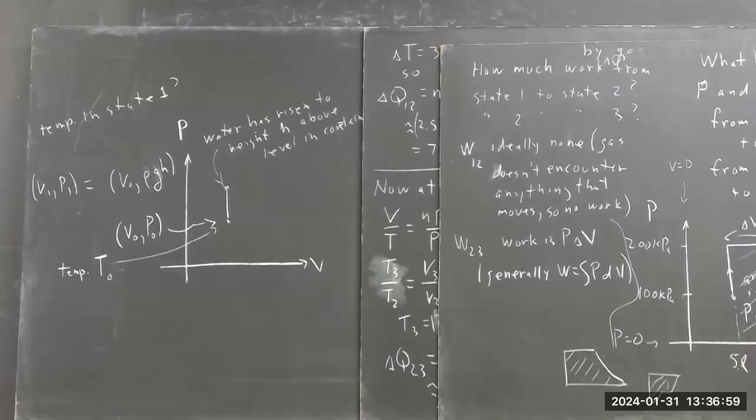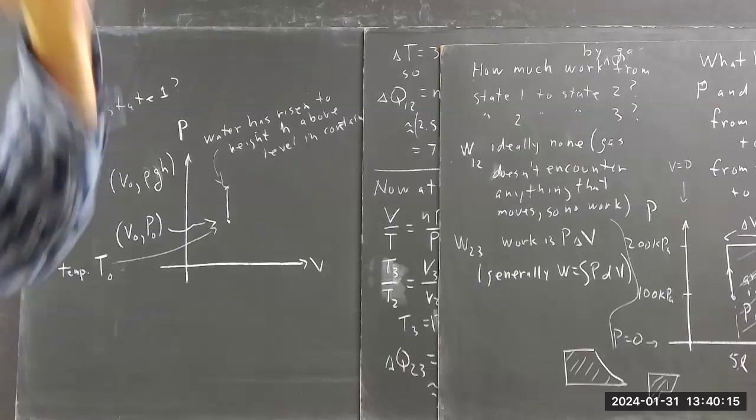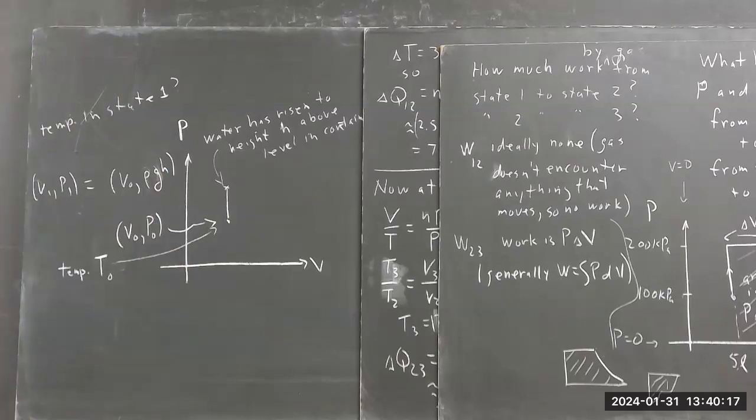What's the expression for the temperature in state one, in terms of H and T0? Okay. So some of you are on the right track, but it's actually fairly simple.